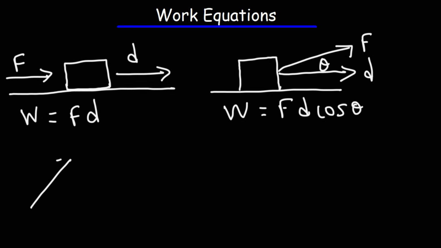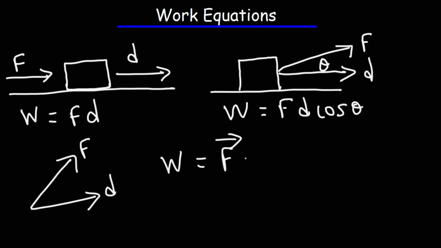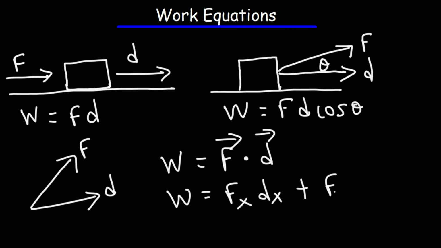Now let's say you have the force vector and the displacement vector, but you don't know the angle between them, but you know the components of those two vectors. Well, you can calculate the work done by that force by using the dot product formula. So it's the dot product of those two vectors, which is essentially multiplying the x components together along with the y components together.